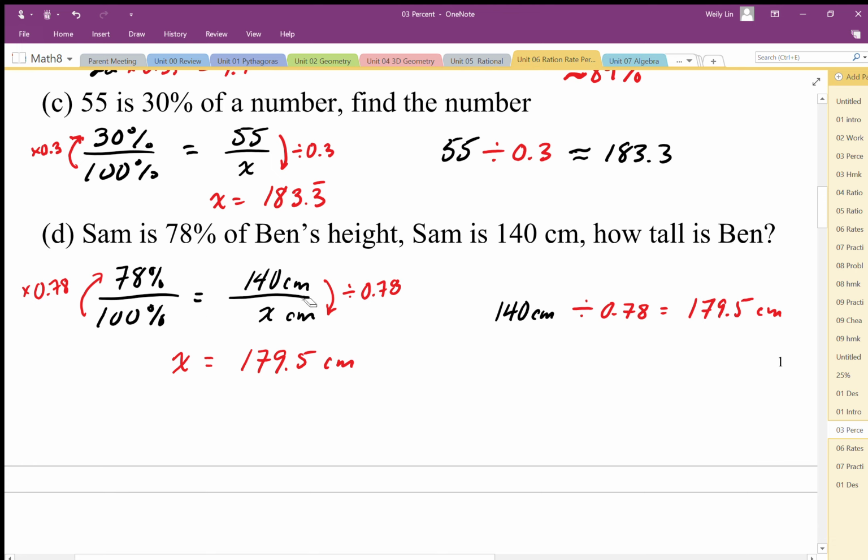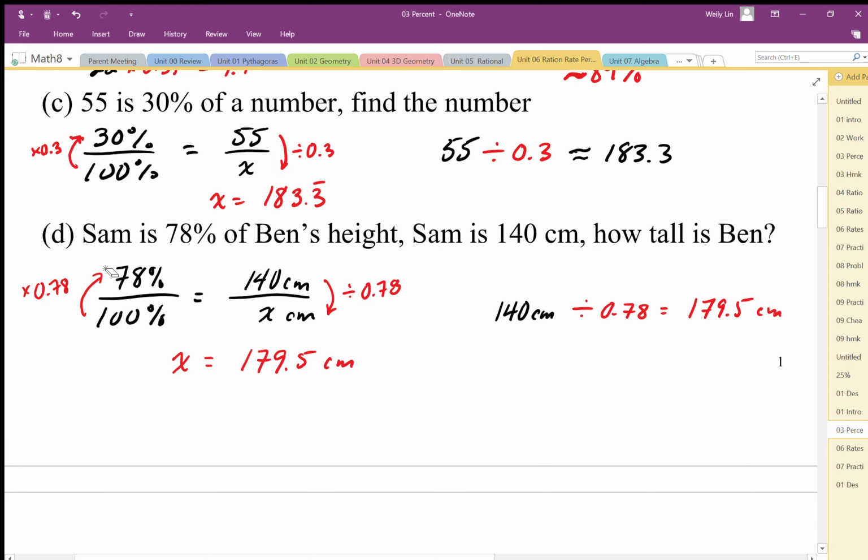It is important to know how to set up this proportional equation. Our up and down multiplier from bottom to top is our decimal percentage. If we are not sure of whether we're going to divide or multiply by that decimal percentage, we can put it in our proportional equation. We can see very clearly the directionality of our proportion.